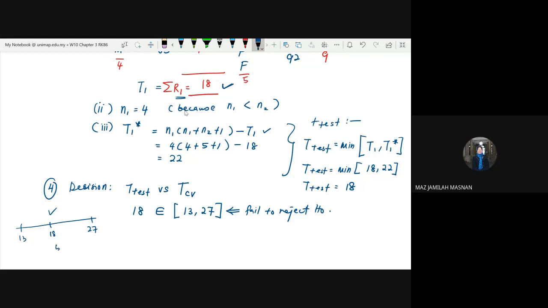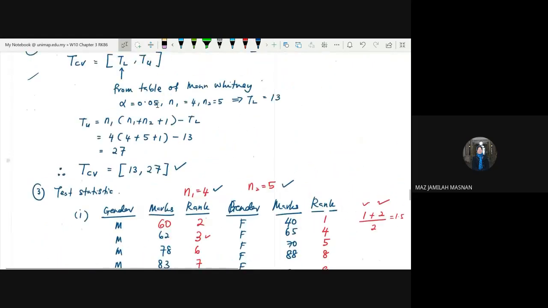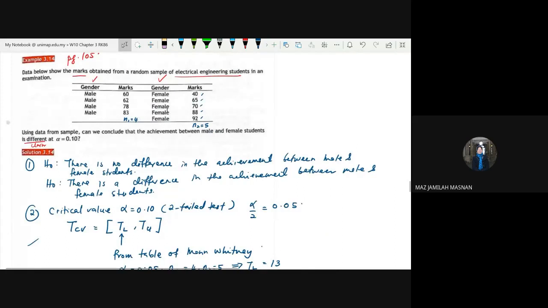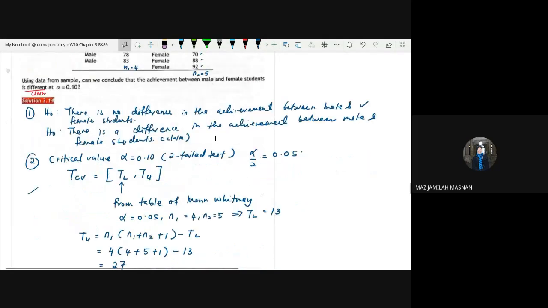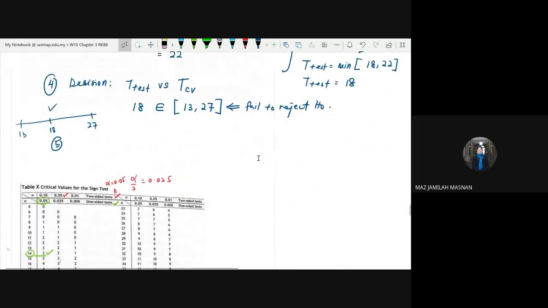So your decision would be, we know that our claim is that there is a difference, right? So this is your claim. And we fail to reject the null hypothesis, so we have insufficient evidence to support our claim.